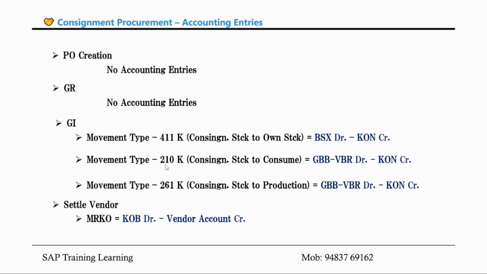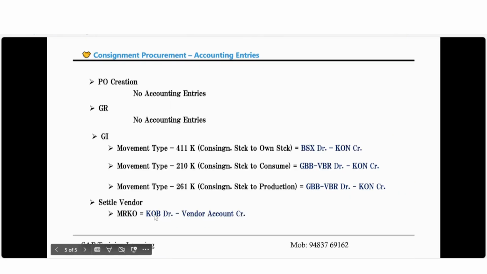So 201K, 261K is for goods issue and this is only for ownership transfer. So once you used this credit with these movement types, it's time to settle the vendor. So you do it with MRKO. Here your credit, okay, this KON will be debited, vendor account will be credited. Okay, it's not KOB, it's KON.